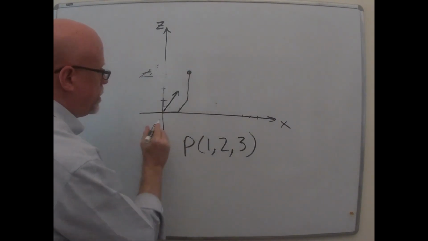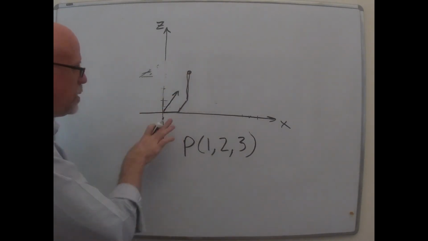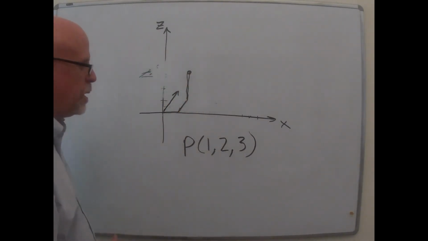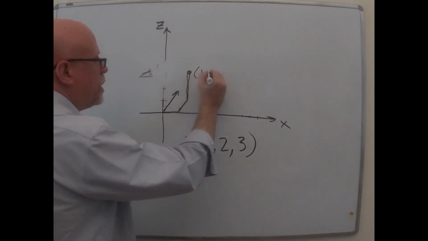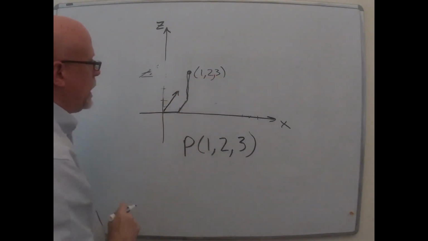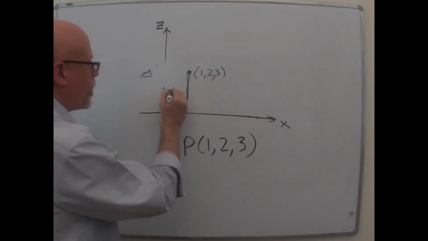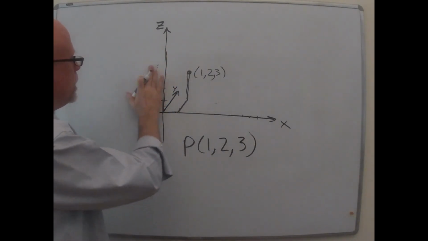And there's your point. So you see this little triple of two horizontals and then a vertical line that arrive at 1, 2, 3. So that's not a bad way to get a visualization of where 1, 2, 3 lies. I erased the y-axis label and part of the z-axis there, didn't I?